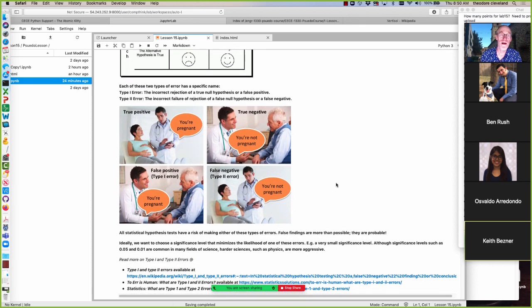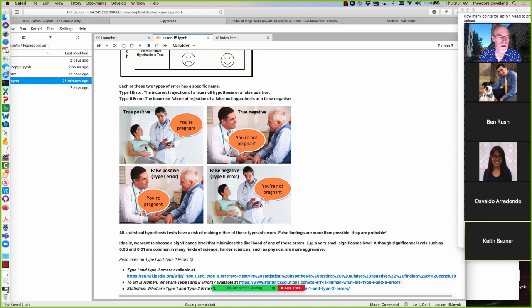And a far better explanation of type 1 and type 2 error is this particular picture. So here we see a person who's not a doctor, but he plays a doctor on TV, and a woman who appears to be quite pregnant and actually really close to having her child. And this one is an older gentleman, gray hair, sleeveless sweater, and these are the kinds of outcomes.